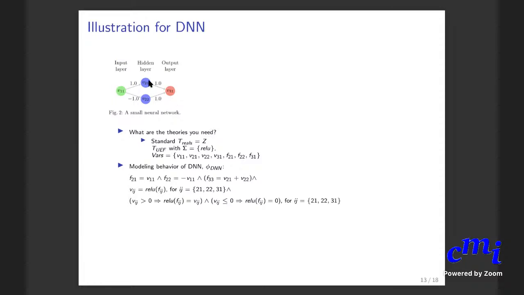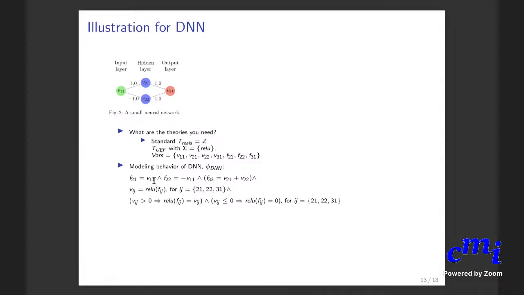So F21 is equal to V11, F22 is -1 times V11, and I'm sorry, this should be F31, not F33, is V21 plus V22, where V21 and V22 are the output of this node after the ReLU application.